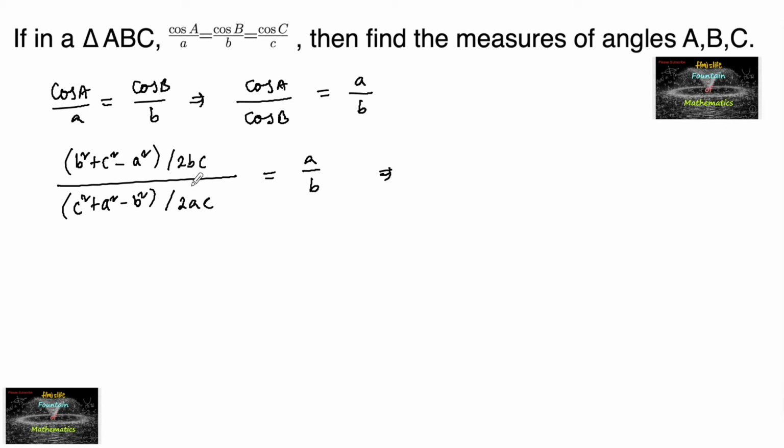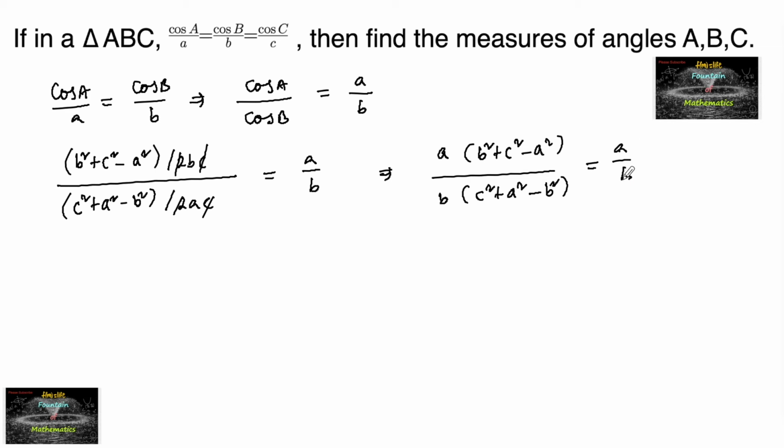So here we can cancel this 2 and 2 and c and c. So we'll be getting a times b square plus c square minus a square upon b times c square plus a square minus b square is equal to a upon b. So here a and a, b and b get cancelled. So we had b square plus c square minus a square is equal to c square plus a square minus b square.